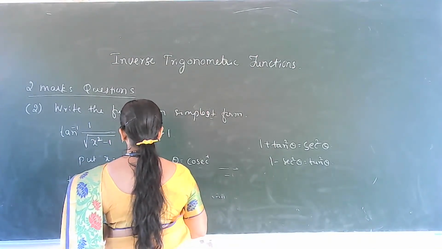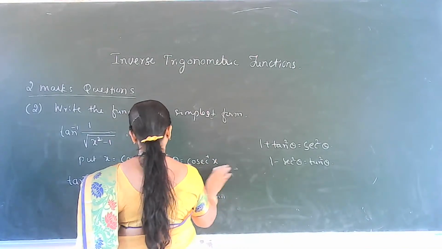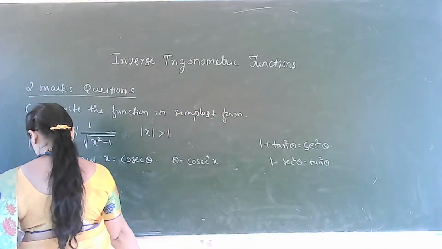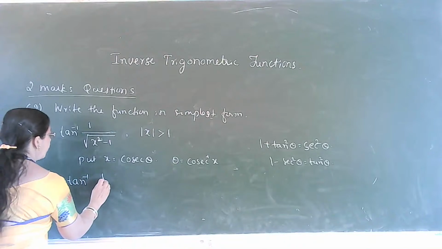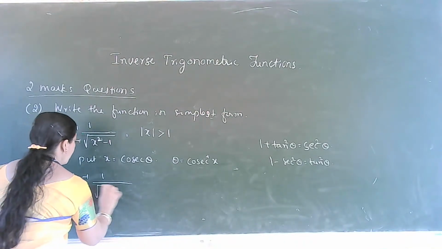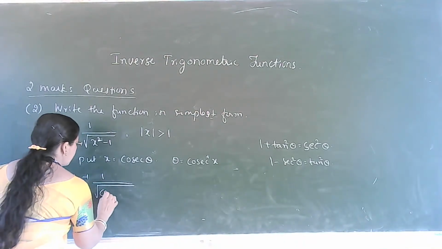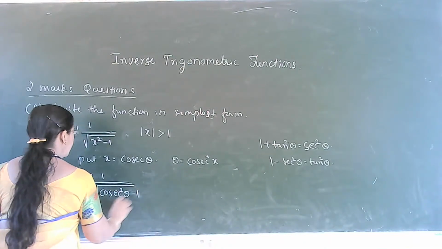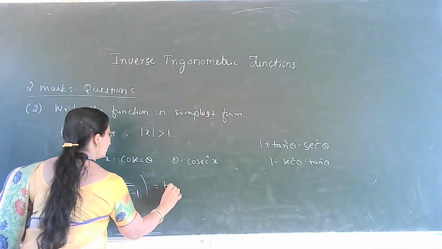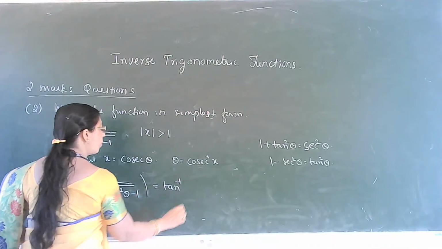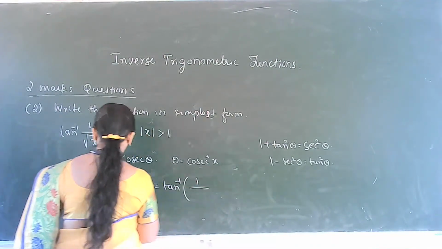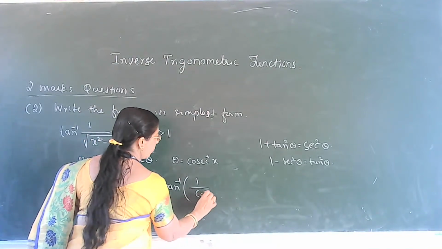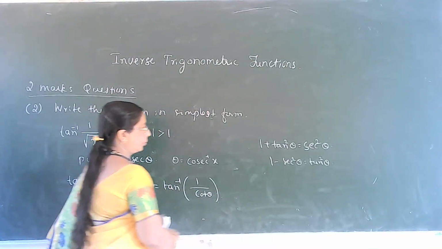Therefore tan inverse of 1 by square root of cosec square theta minus 1 is equal to tan inverse of 1 by cot theta.